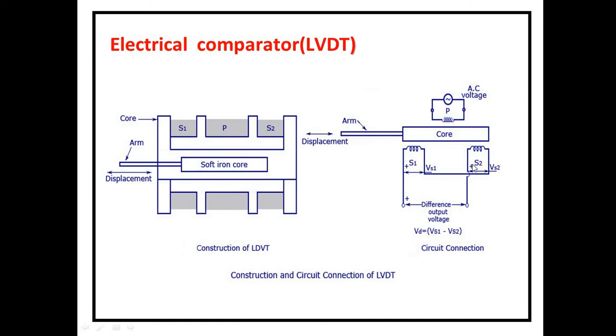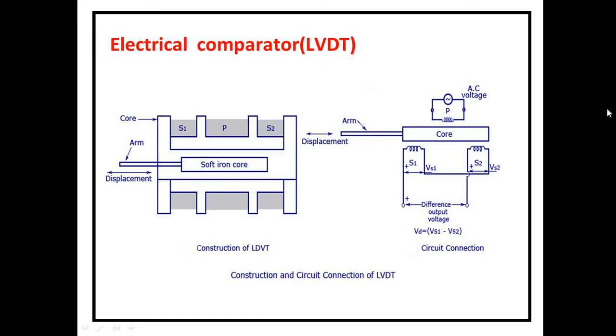That is, they have the same number of turns, and they are symmetrically located on opposite sides of the primary. All these coils are connected in series, as shown in the figure.